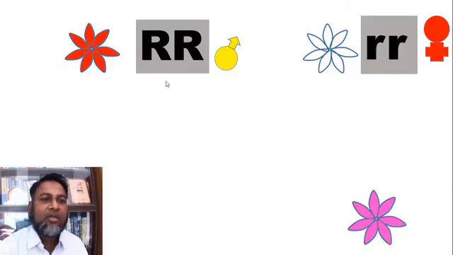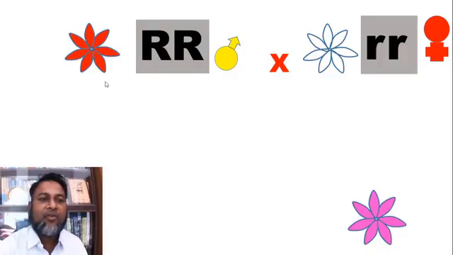At first we take two plants. The male plant is capital R capital R, and its flower is red, whereas the female plant has the small r small r genotype, and its flower is white.